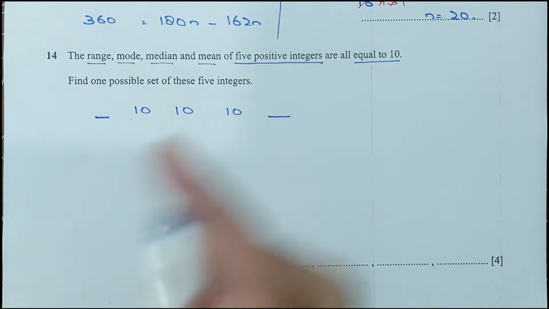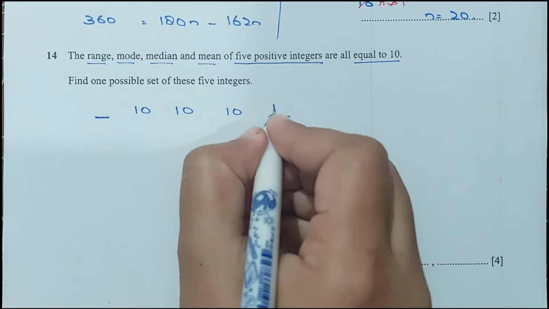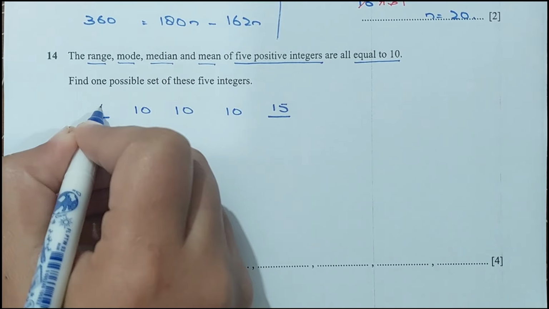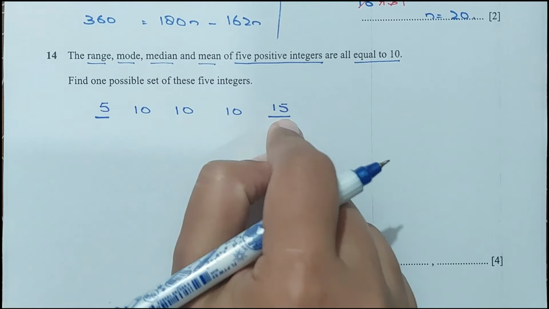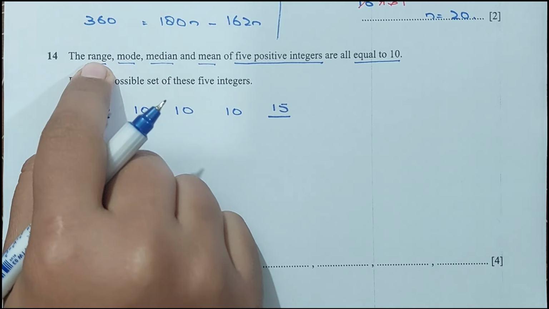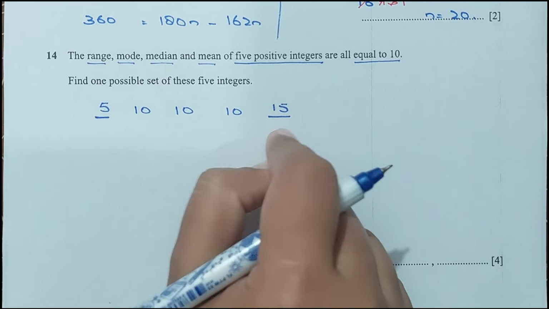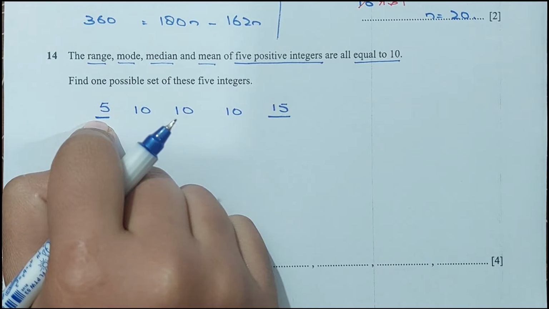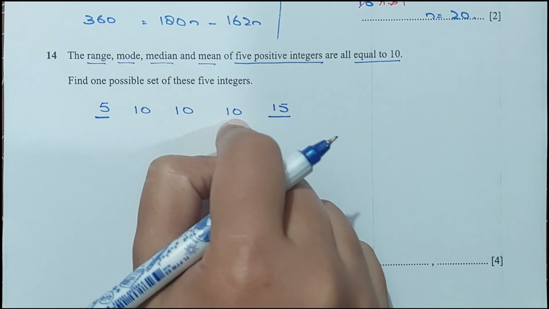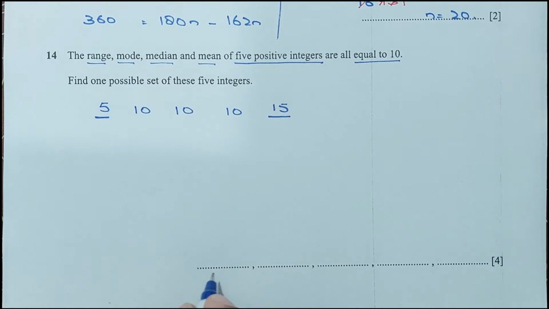So if I have the higher number, let's say 15, and the lower is 5. From 15 take away 5, the range is 10. And 15 plus 5 is 20, and this is 30, so it's 50. 50 divided by 5 is 10. Yes, these are the first set of integers: 5, 10, 10, 10, and 15.